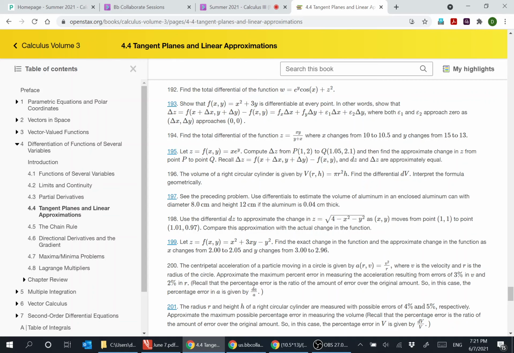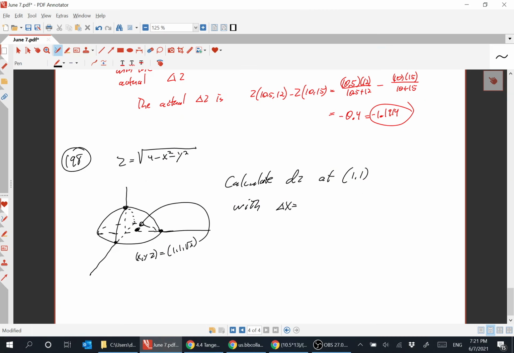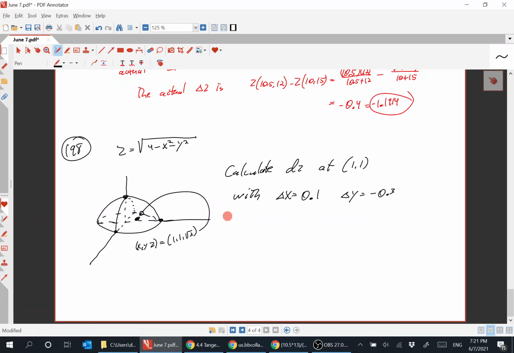Delta y, you're going from 1 to 0.97, so that's minus 0.03. Okay, so we're moving 1 100ths and 3 100ths in the two different directions there. So here we should get a better approximation for delta z. But we'll compare and contrast.